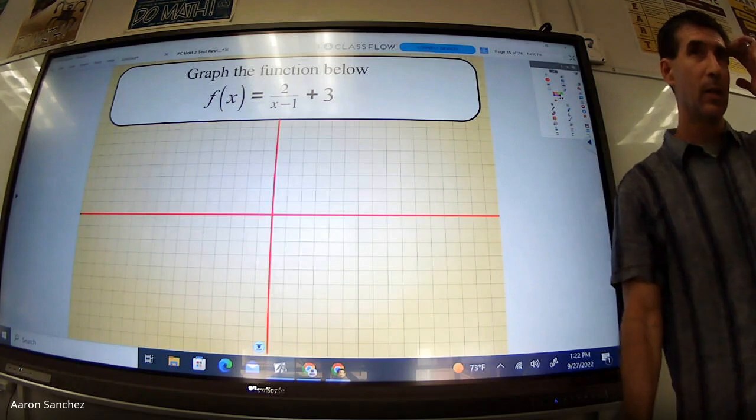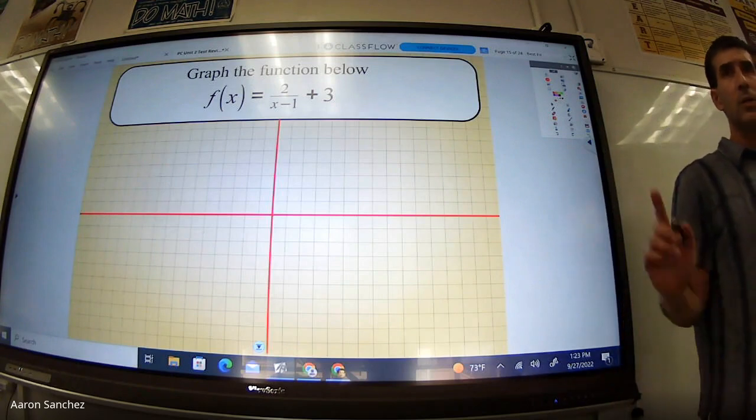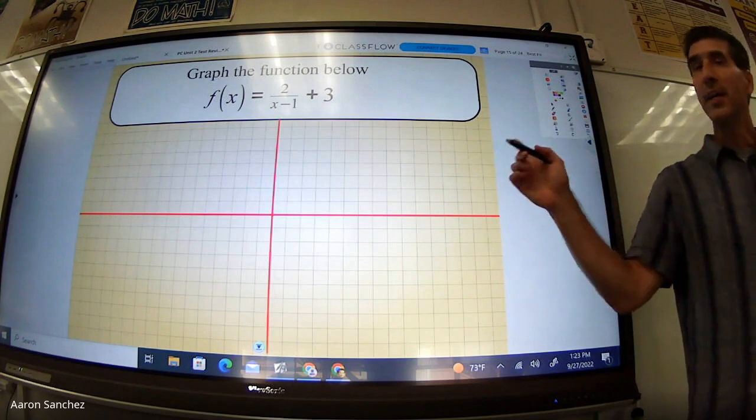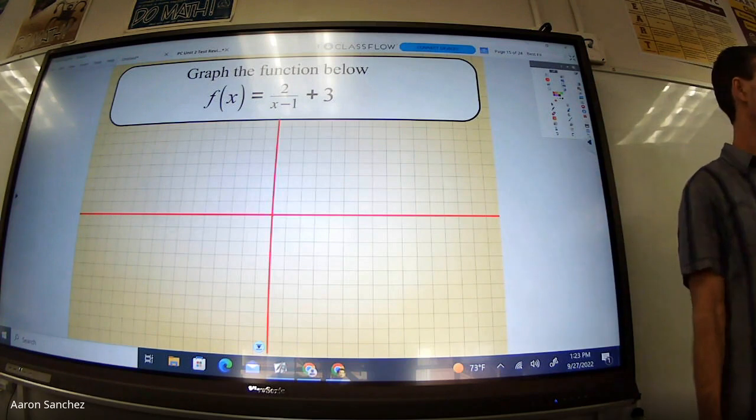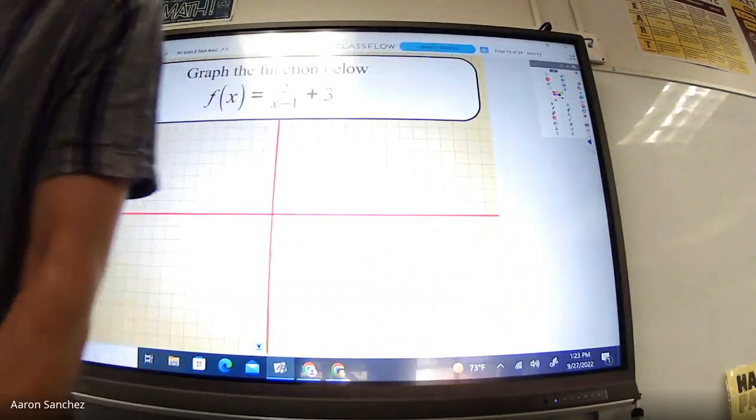Okay, let's graph. Can I move on to this one? Notice this is an H and K function. See how it's H and K. When you see this, go ahead and write it down. I'm going to ask you what the H and K is.